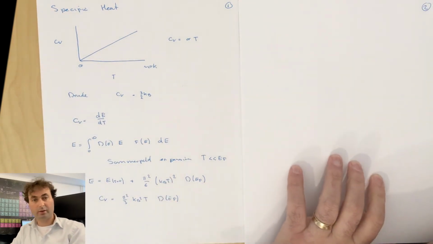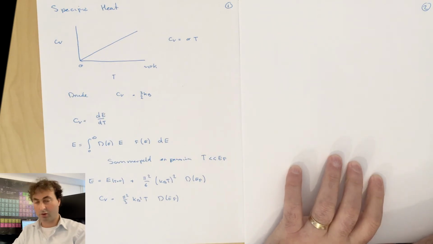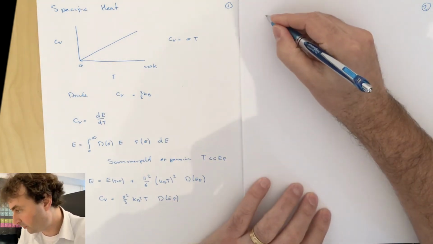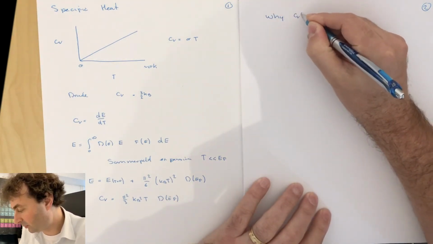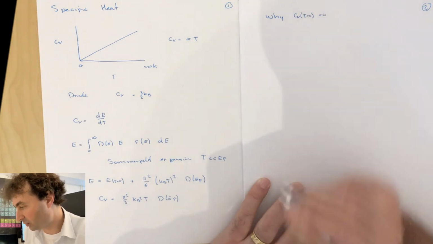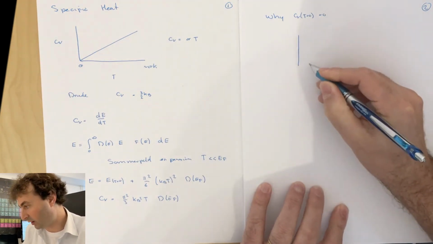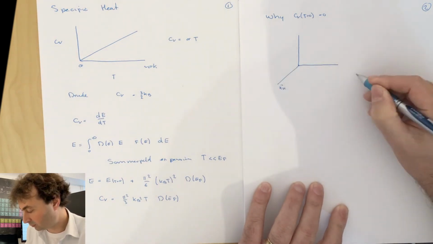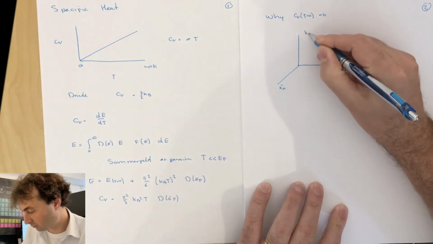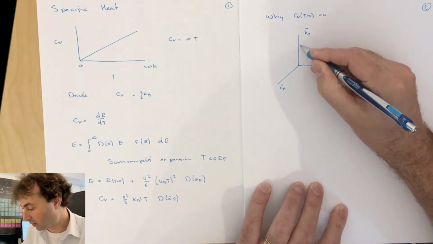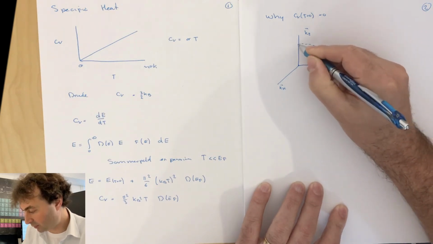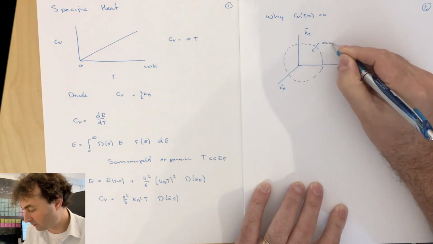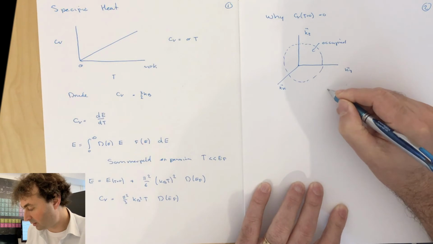We can actually get a physical understanding and also do a simple approximation to get this linear behavior. And we can explain why the specific heat goes to 0. For that we look again at the Fermi surface, where states inside are occupied and states outside are empty.